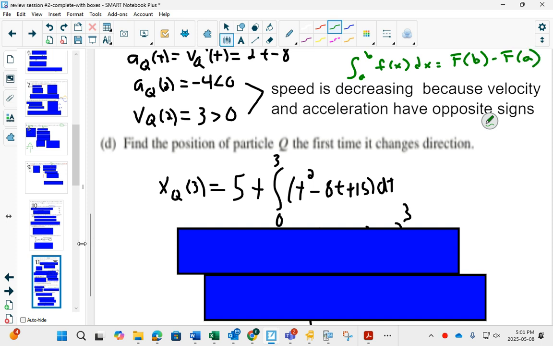F of b minus f of a, okay? Can you see that when you're trying to find f of b, we could just take this f of a and put it out in front? That's all this is. This is f of 0.